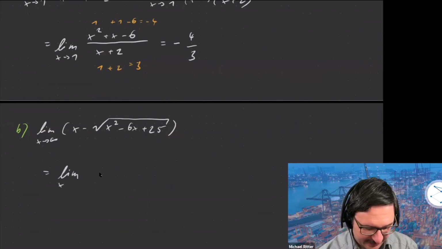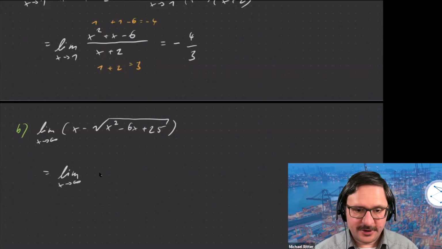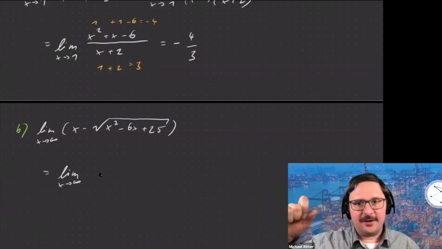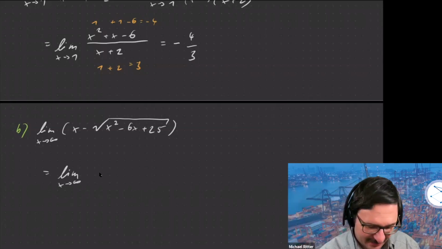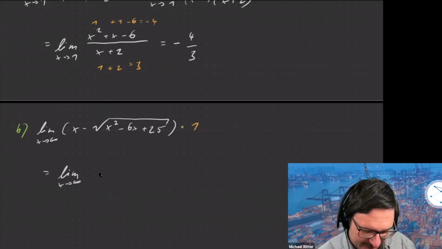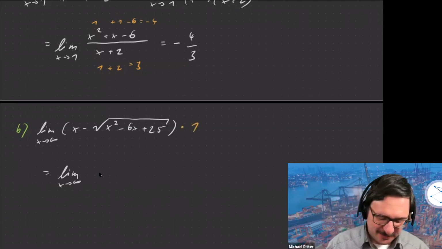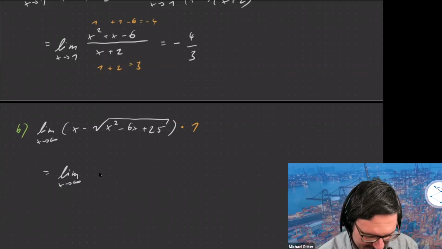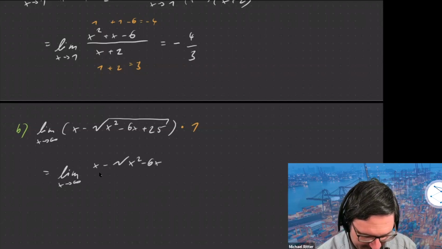The idea here is basically to take this expression, multiply it by 1, and then write this 1 in a more complicated way. So we multiply this by 1, and specifically we will write this 1 so that we can apply a binomial theorem.